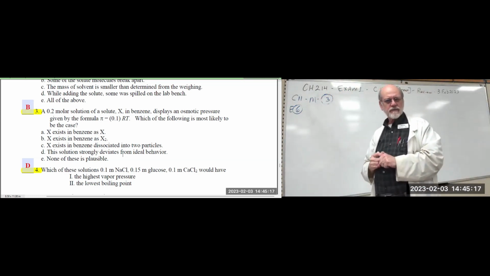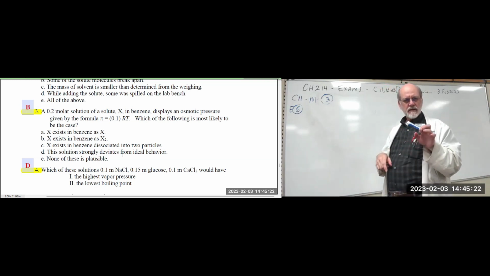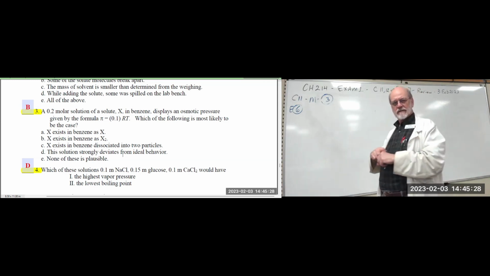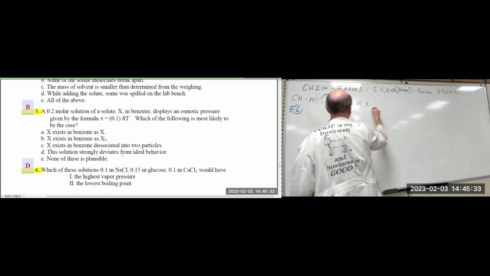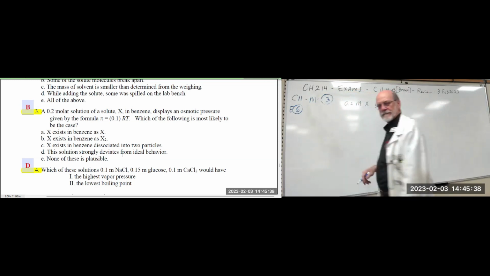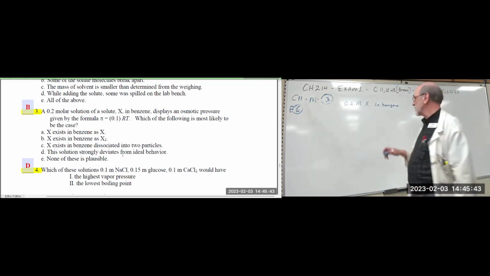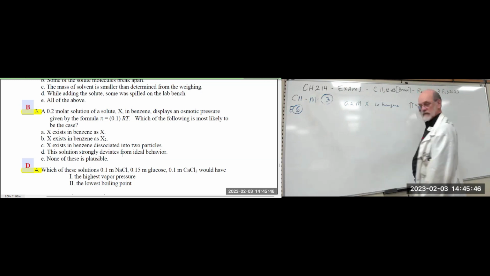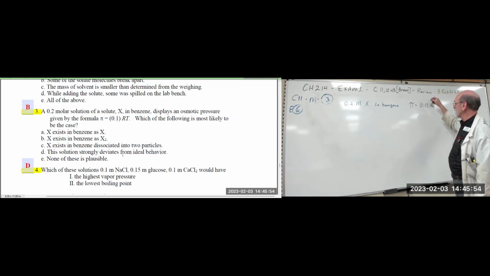A 0.2 molar solution of solute X in benzene displays an osmotic pressure given by the formula pi equals 0.1 times RT.